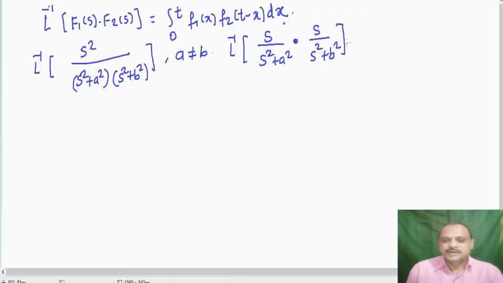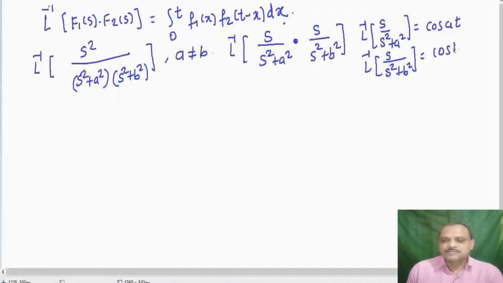And we have the standard formula: L inverse of s divided by s square plus a square equals cos of at, whereas L inverse of s divided by s square plus b square equals cos of bt. This is my first function. If we call it capital F1 of s and this capital F2 of s, then the corresponding functions are small f1 of t and small f2 of t.